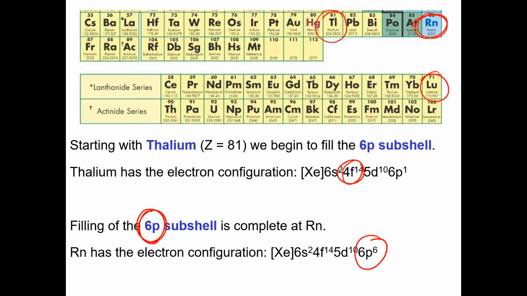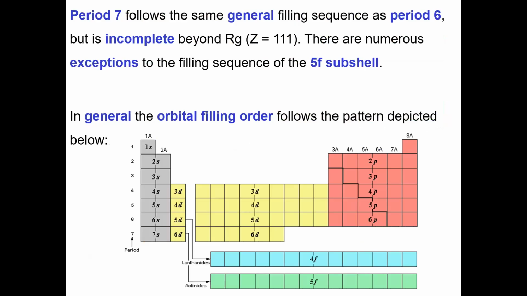And that's worth noting. Okay. Period 7 is similar to period 6. We see f electrons, and this time they're going to be 5f electrons that we're filling up. If you look at the periodic table, you can see a general pattern.